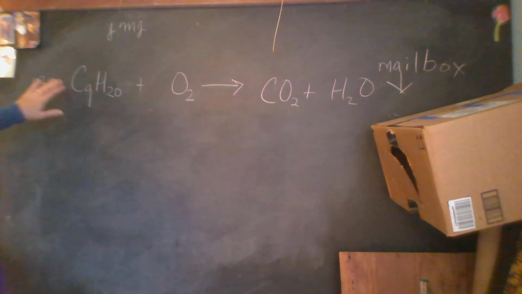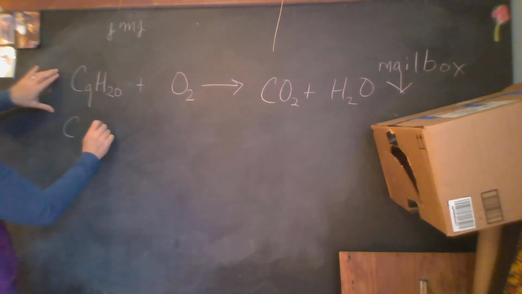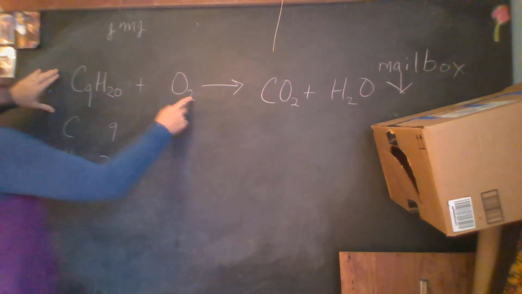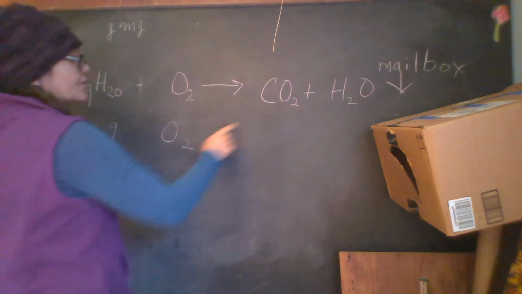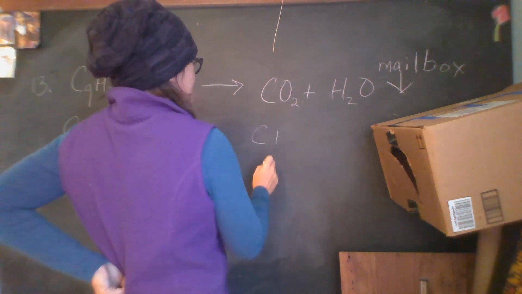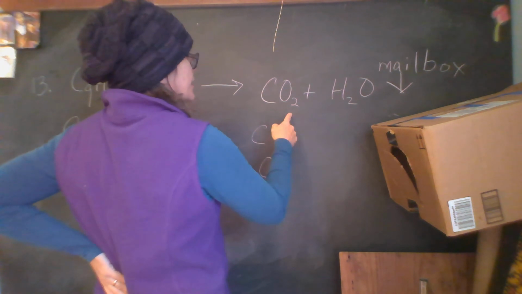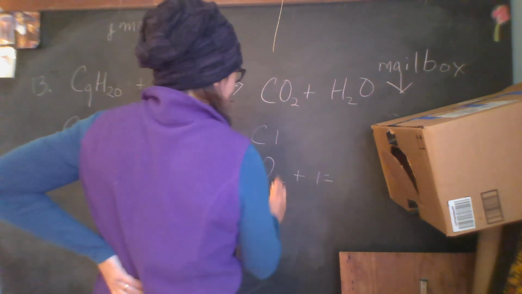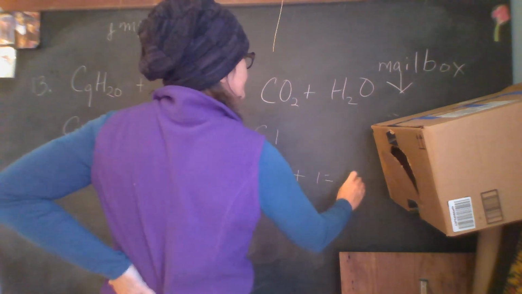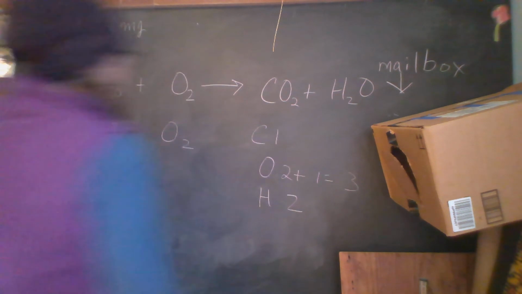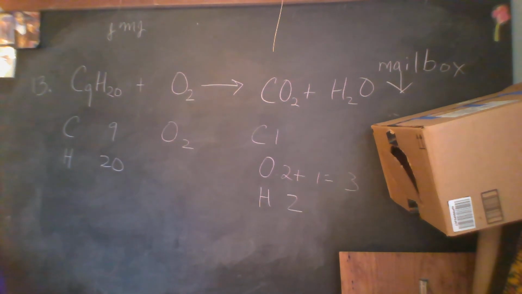Okay. So here I have carbon, I have 9 of them. I have hydrogen, and I have 20 of them. I have oxygen, and I have 2 of them. So here I only have 1 carbon. I have 2 oxygen, plus 1 over here. And the hydrogen, I have 2. So the first thing I see is that I need to have 9 carbon.